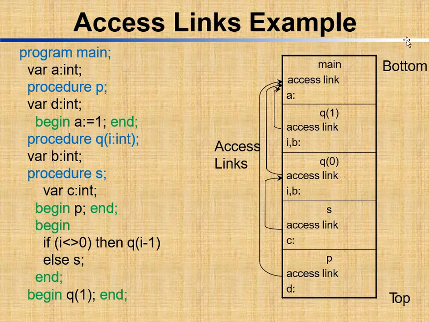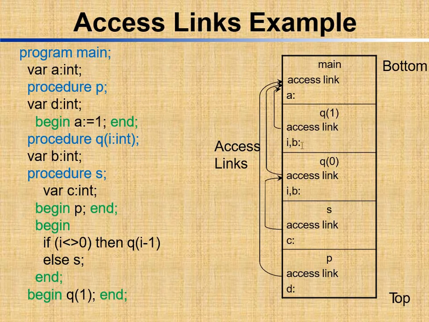Here we have shown the activation record: main, with A as the variable in main. When we call Q1, it will point to main, because it is called from main. Here B is a variable and i is the parameter.